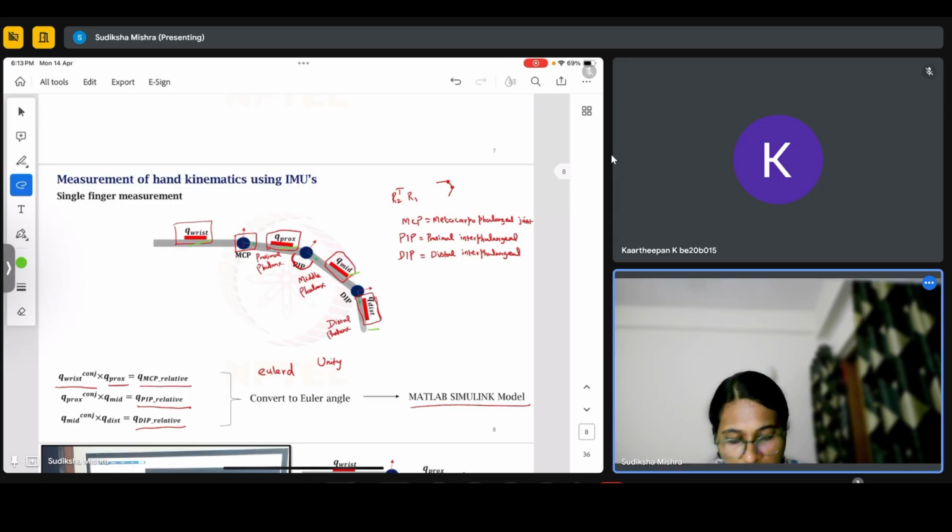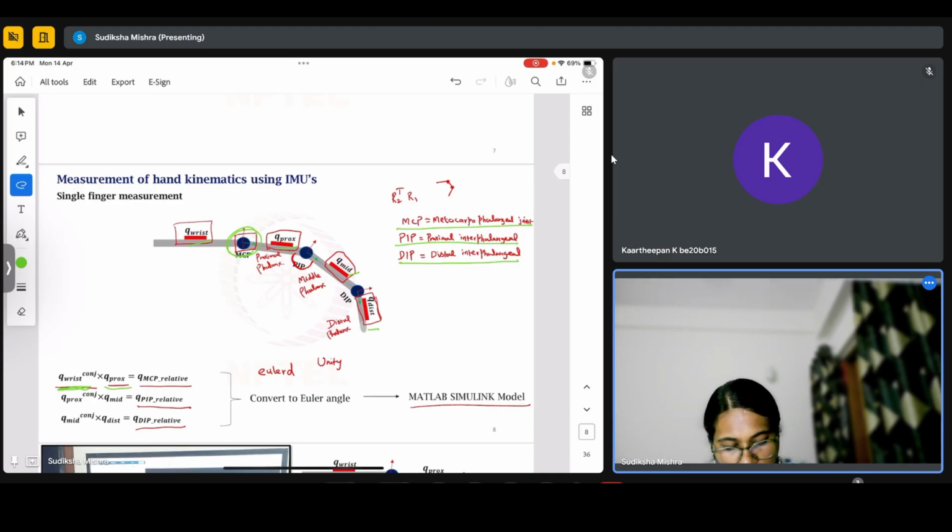So you can take the conjugate of the quaternion that you get from the wrist and multiply it with the proximal one to get the angle that you would see in the metacarpophalangeal joint. So MCP is the metacarpophalangeal joint, PIP is the proximal interphalangeal joint, and DIP is the distal interphalangeal joint.